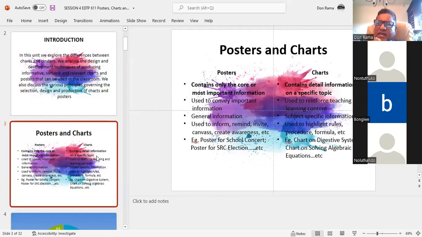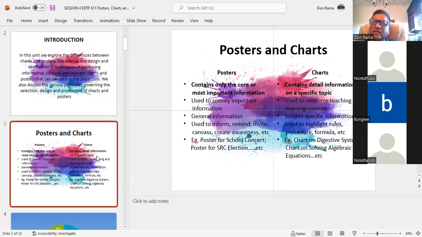And we normally make a chart when we want learners to remember the information for a long, long time. So what teachers normally do, they'll make a chart, they will use it during the teaching of that lesson, and then they will paste it on the chartboard so that learners can always refer to it.